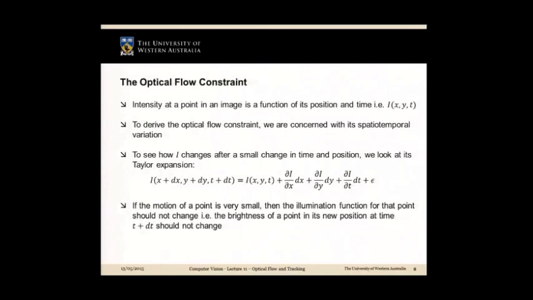Okay, so the optical flow constraint. The intensity at a point in an image is a function of its position and time, that is I(x, y, t). To derive the optical flow constraint, we are concerned with its spatiotemporal variation. So what is that spatiotemporal variation?